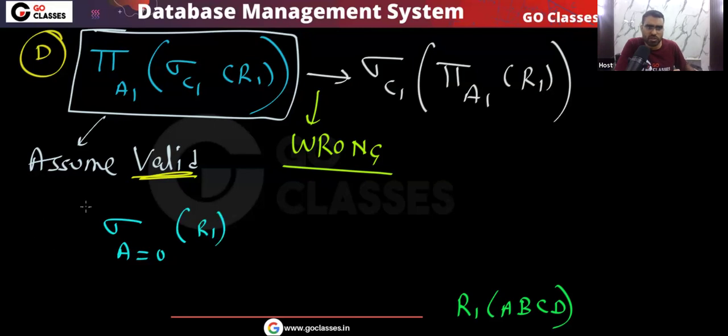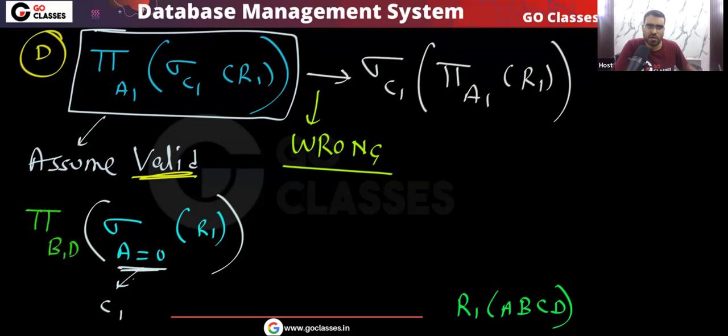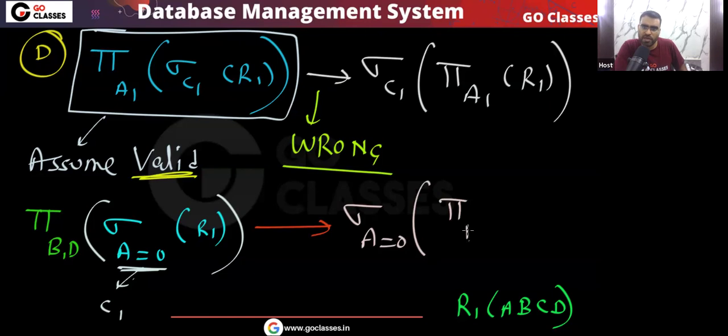This is your condition sigma, this is your condition C1. And let's assume I'm projecting the attributes B, D. Now you tell me, can I replace this with sigma A equal to 0 pi B comma D R1? Let me know. Can I do this?